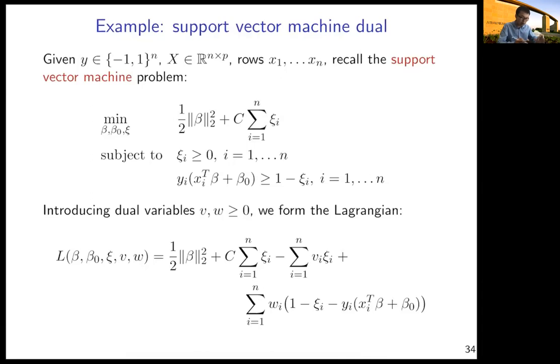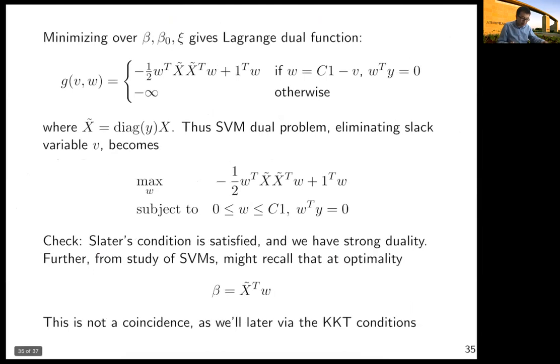I'm not going to work out this Lagrangian and minimize it for you, because I think it's a good exercise for you to work this out yourself. But I do want to make a remark about the form of the dual.